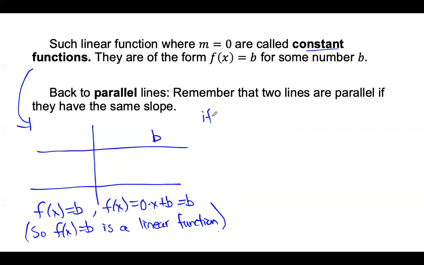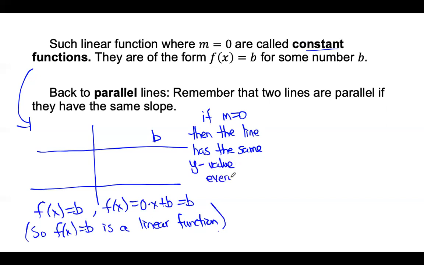So if your slope were equal to 0, then the line has the same y value everywhere.